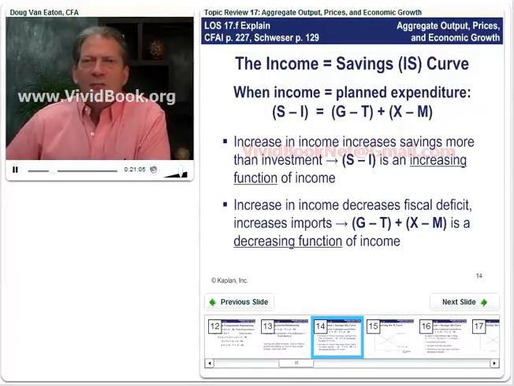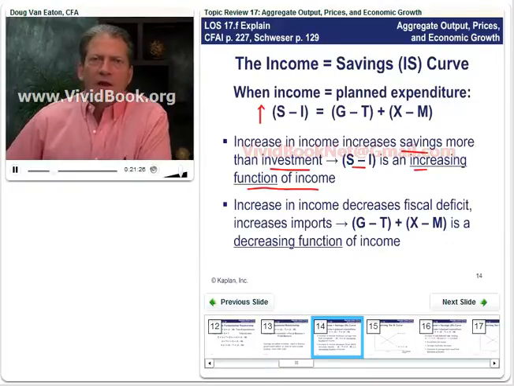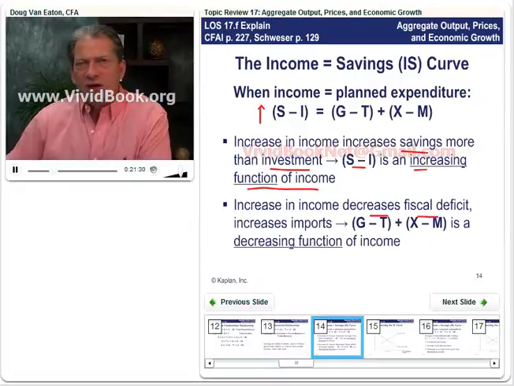Increase in income increases savings more than it increases investment. So savings minus investment is a positive number. It's going to increase with income. So this part right here increases with income. Now, increase in income decreases the fiscal deficit. Why is that?